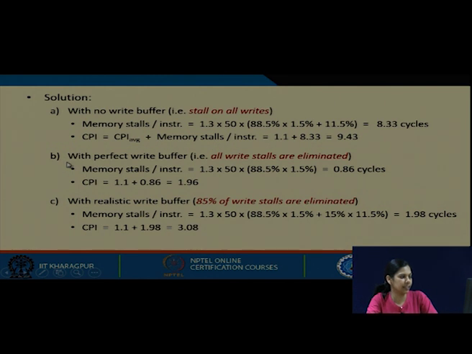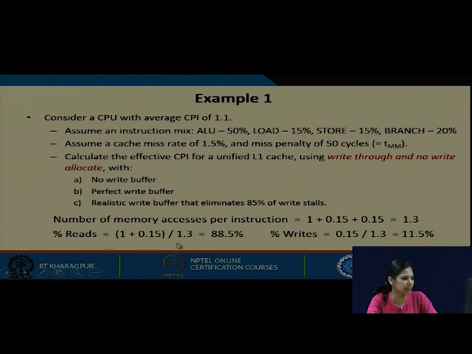Let us see the next case where we have a perfect write buffer. In this particular case, all write stalls are eliminated. So, there will be no write stall now. So, what do we need to calculate? For writing, we need not consider anything. So, it will be 1.3 multiplied by the miss penalty multiplied by the percentage read and the miss rate.